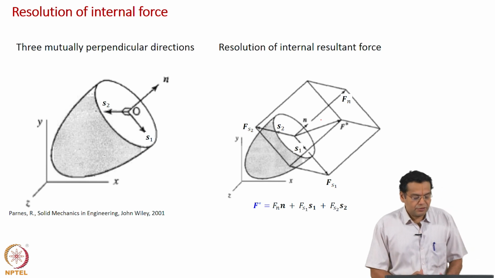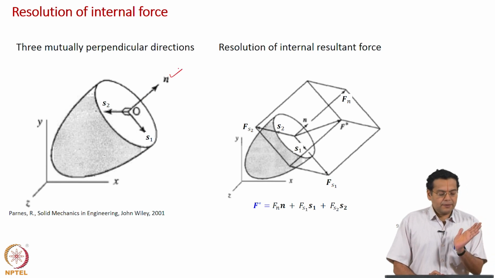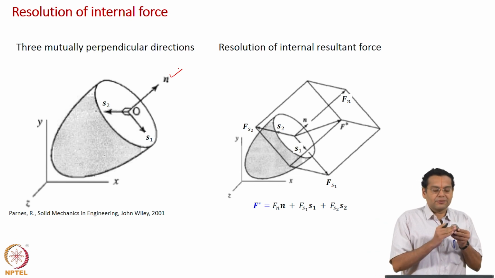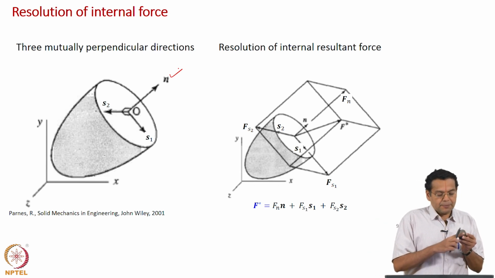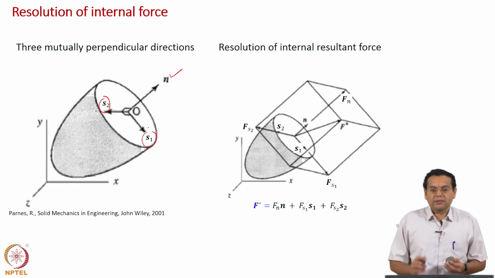What do I mean by attached to the surface? I take one direction which is normal to the plane. I have a plane and take a direction which is normal to the plane. Let us assume this is an internal surface, though it is an external one. This is a plane, I take a direction which is normal to the plane, and then I take 2 directions which are on the surface, or tangential to the plane.